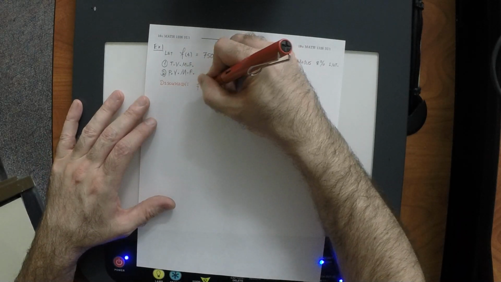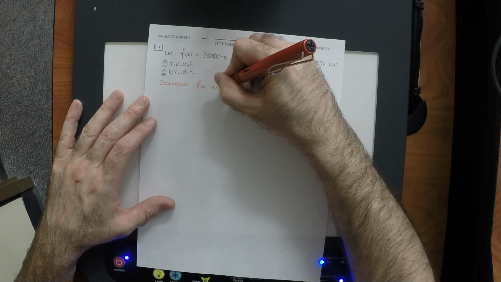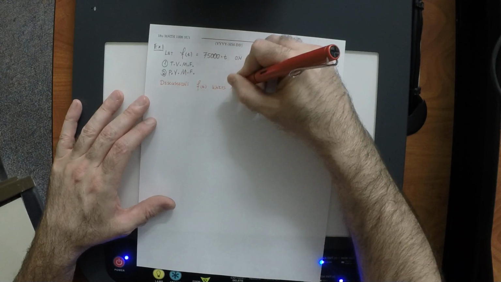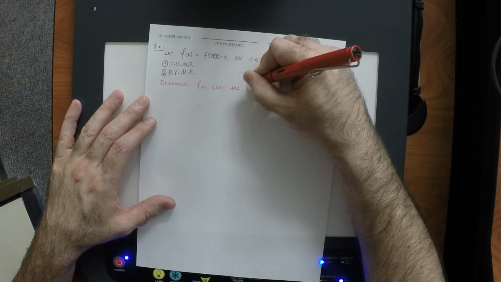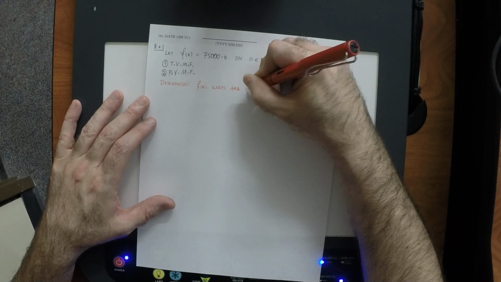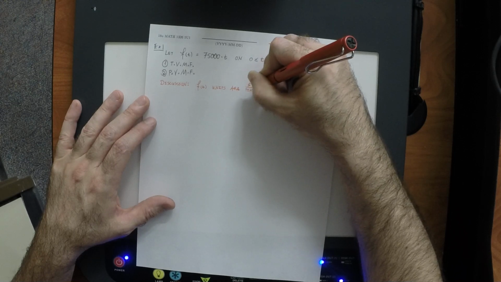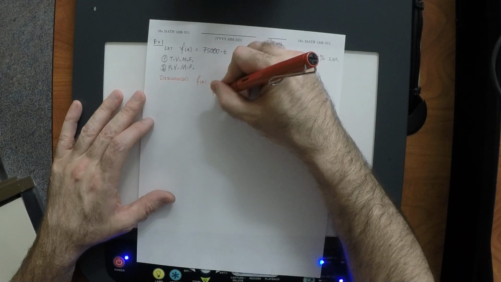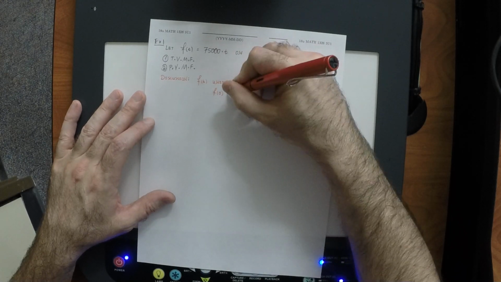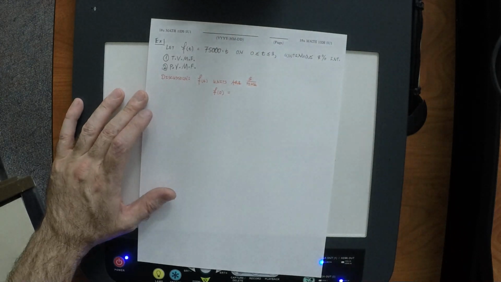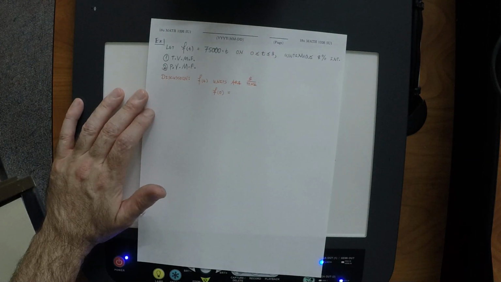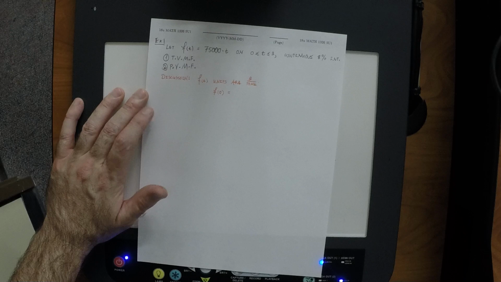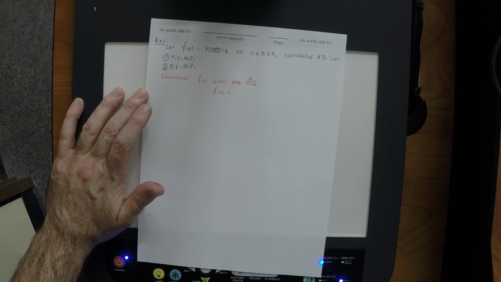Right. F of t units are money over time. So don't lose track of that. For example, if you were to evaluate f at 0, what do you get when you plug in 0? You get 0.